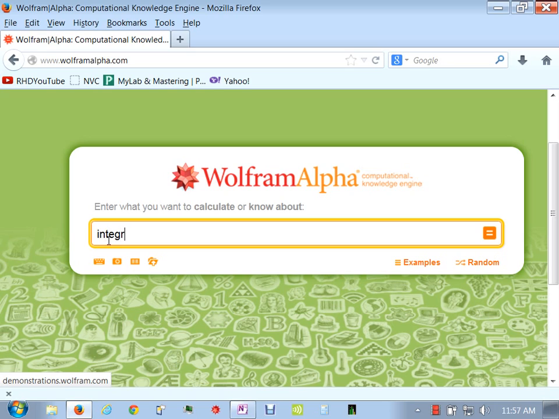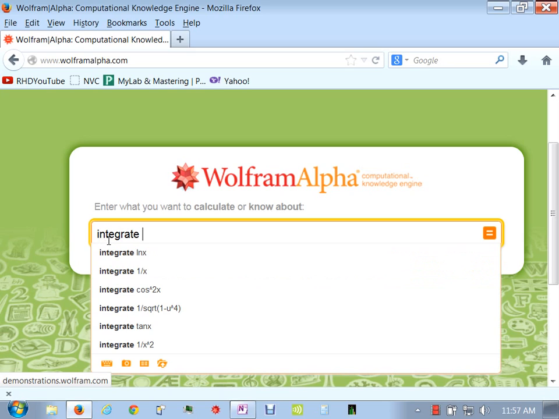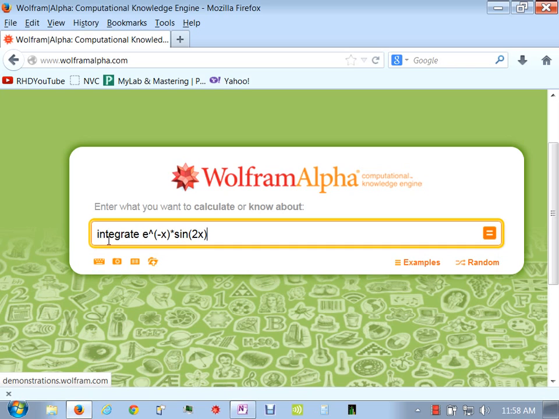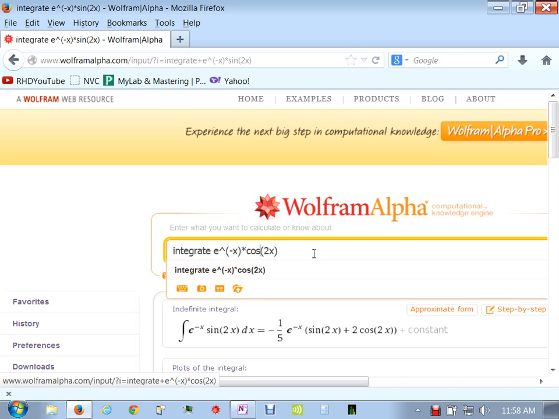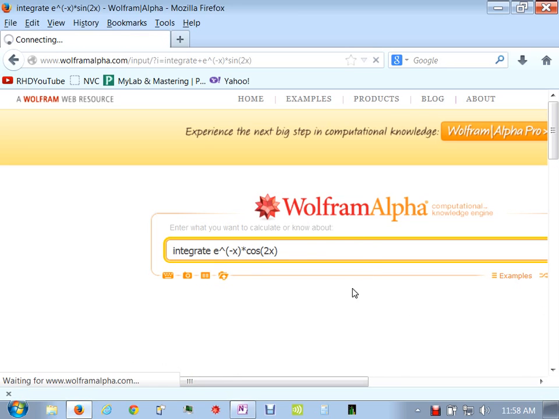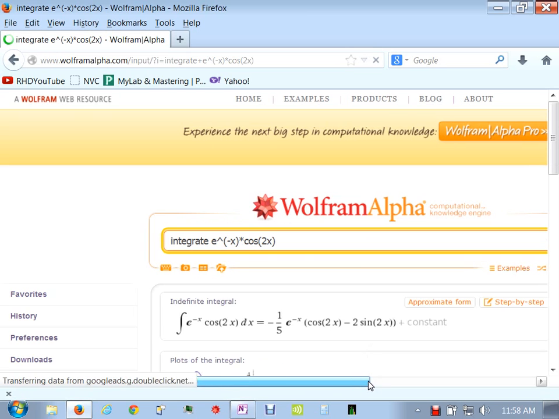Okay, integrate. What was it? e raised to the negative x times sine 2x. Oh, was it cosine? All right, I'll have to send it back through. How specific is Wolfram Alpha on your parentheses? Very.